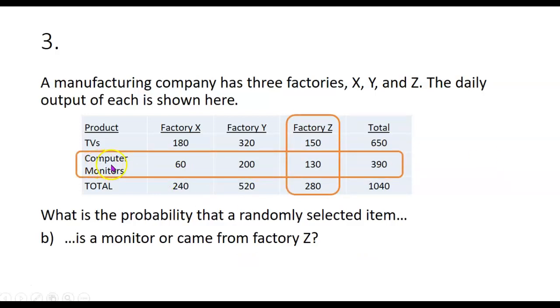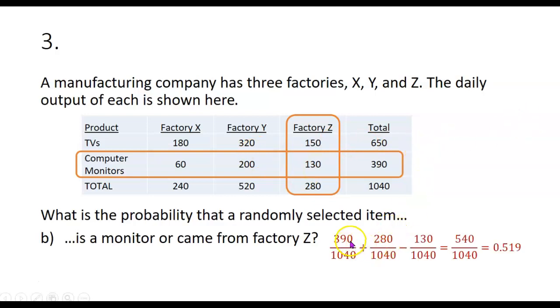We could take the probability of it being a monitor, that's 390 out of 1,040, plus the probability of it being from Factory Z, that's 280 out of 1,040, minus the probability that both of those things are true, that it's a monitor and came from Factory Z. That's like counting up all the monitors plus all the Factory Zs, but then subtracting the ones that we counted twice so that everything only gets counted once.